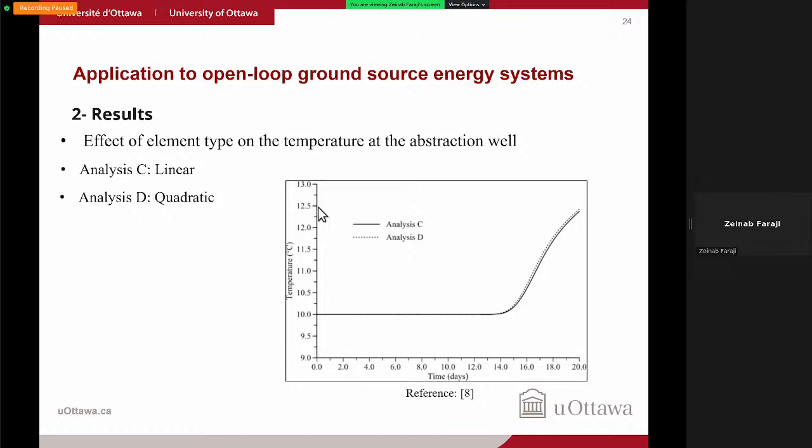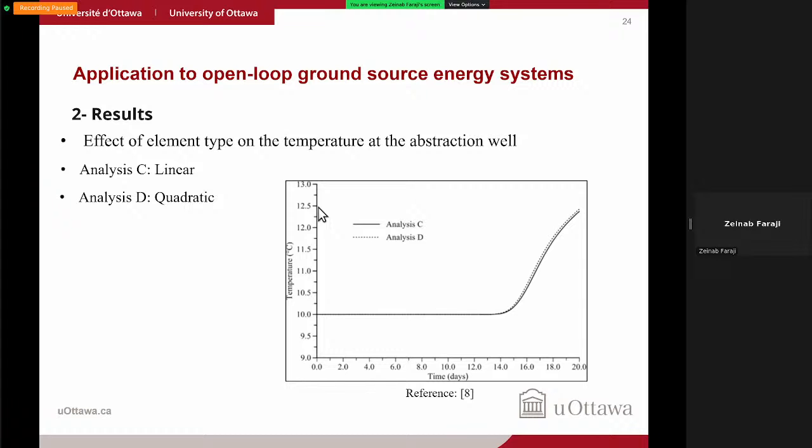Here we're going to compare the effects of element types on the temperature at the abstraction well. Analysis C is linear and D is quadratic, and both use a fine mesh here. As can be seen, for the fine mesh, both linear and quadratic elements give good results, even better than the previous ones, because they almost match.